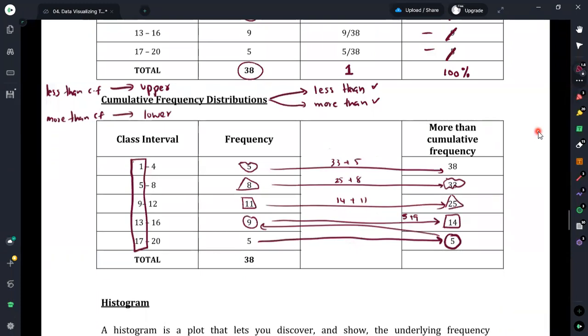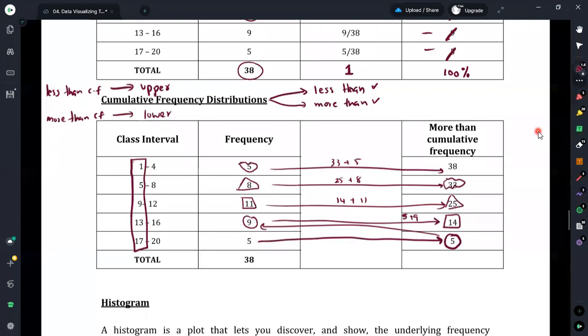Therefore, since we are having more than, we can say that there are 38 leaves or 38 items which are more than or equal to 1 centimeter. This 33 means there are 33 leaves which are more than or equal to 5 centimeters in length.